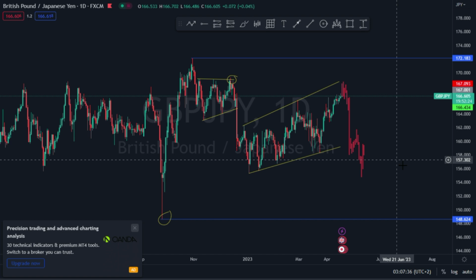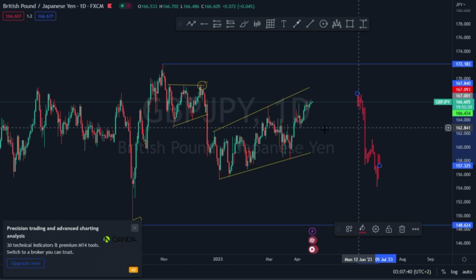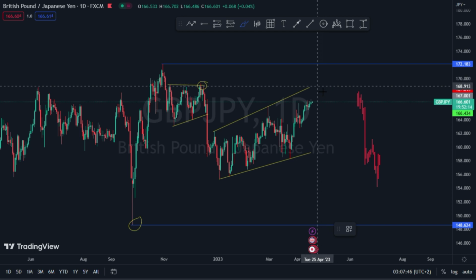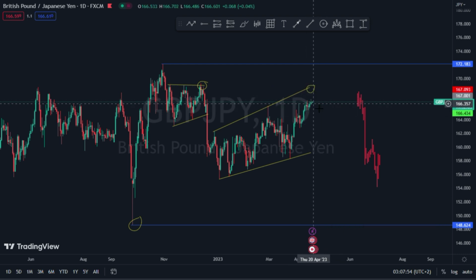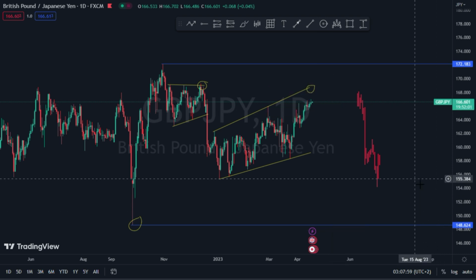So if we want to get involved in this market structure, we want to get involved at the edge of the structure, right? We must wait for the market to do what it needs to do so that we get involved with low risk, right?